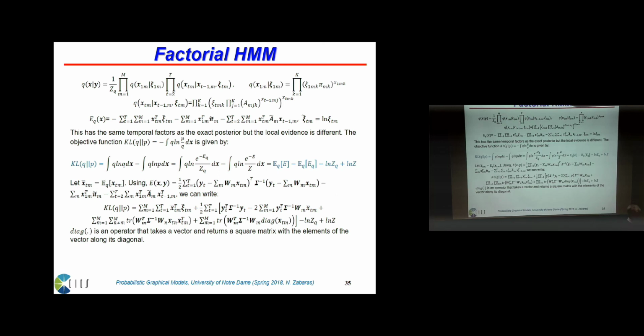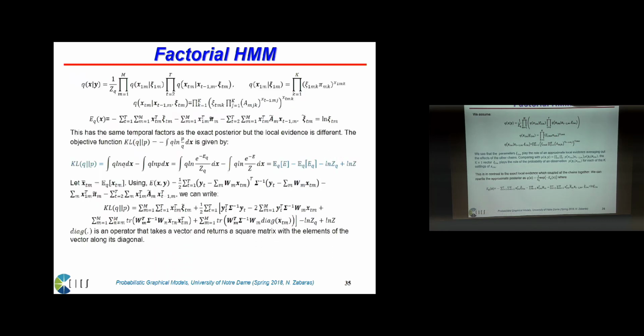I'm going to assume that the transition probabilities and the initial probabilities are known, so in this model, what are going to be the only unknowns? The x's. And again, the x's will be the evidence, an approximation of the local evidence coming to chain M from all the other chains. So that's the only unknown. We're going to assume the parameters P and A here are given for simplicity.